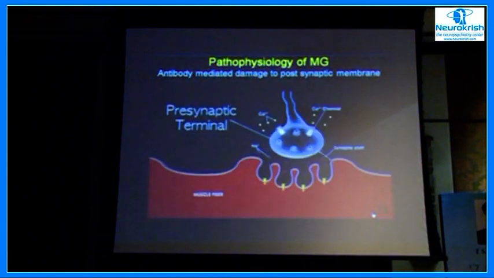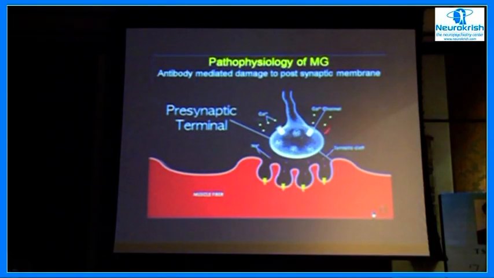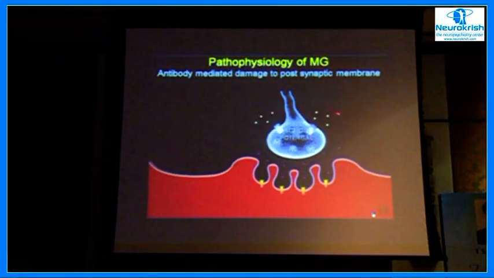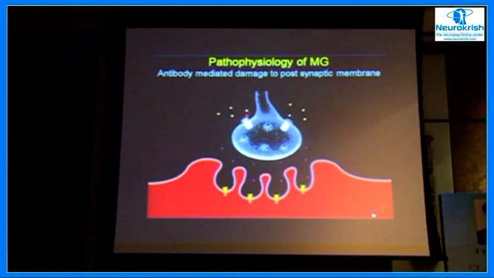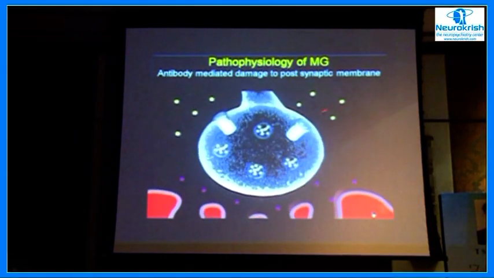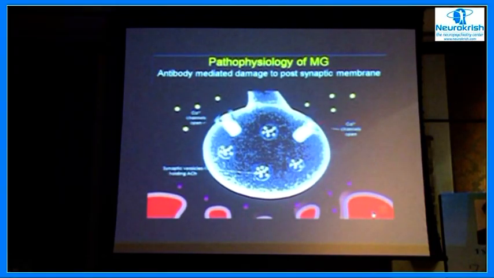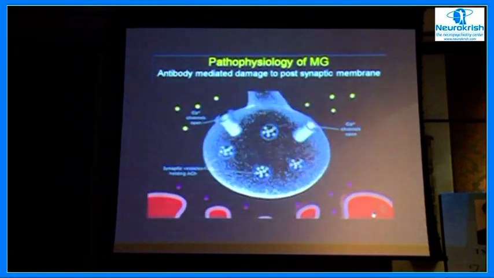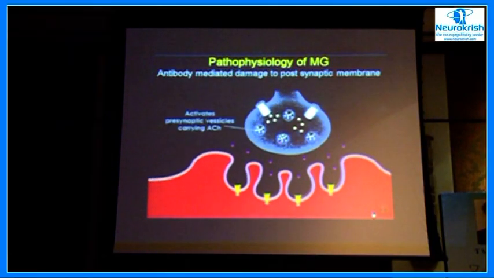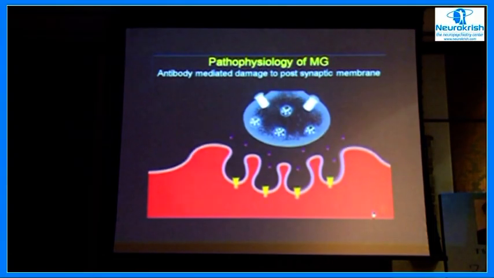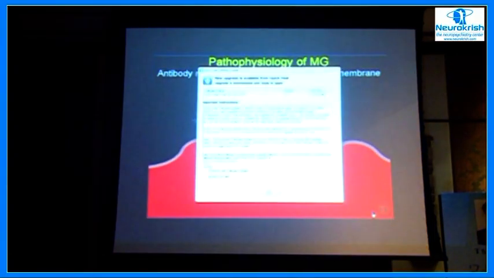This is the presynaptic terminal, and action potentials are formed here, and these are the calcium ions, which are white in color, and they go into these calcium channels, and they in turn activate these vesicles, and they release acetylcholine quanta.